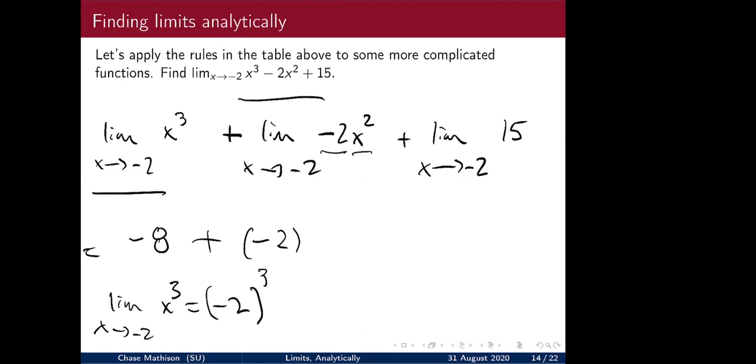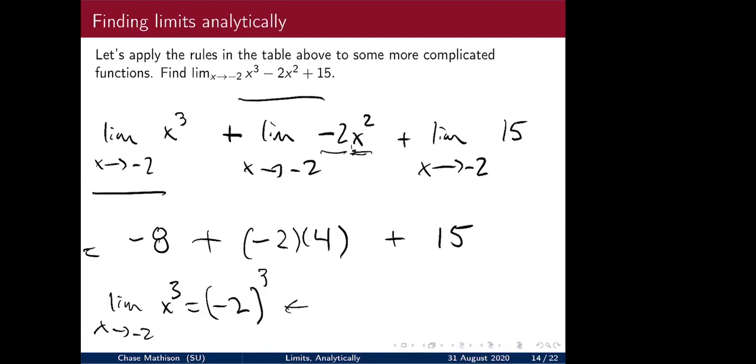Just 4, yeah, you're just plugging it in essentially, right? For the same reason that the limit of x cubed is negative 2 cubed, the limit of x squared is minus 2 squared, which is positive 4. Okay, and then what's the limit as x approaches negative 2 of 15? Yeah, just 15, exactly.